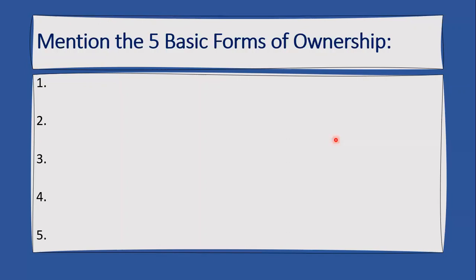Just mention them, okay? Because I'm going to use the videos for next class, and I'm going to show you your homework, and those videos are going to help your classmates to understand better this explanation about organizations according to the ownership. You got it?